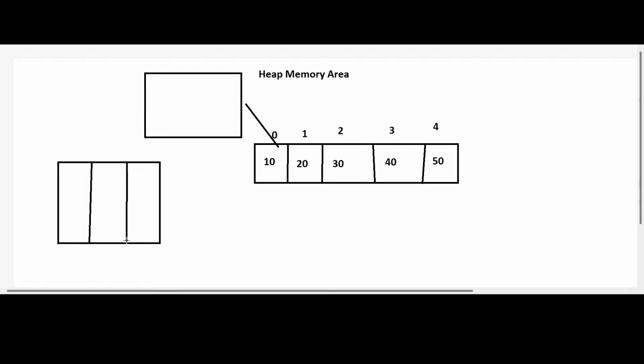Here the index value always begins from 0: 0, 1, and the next one here is 2. So I am using 2 by 3 here, which means you can consider it in this way.